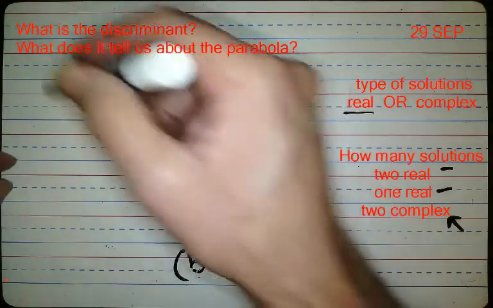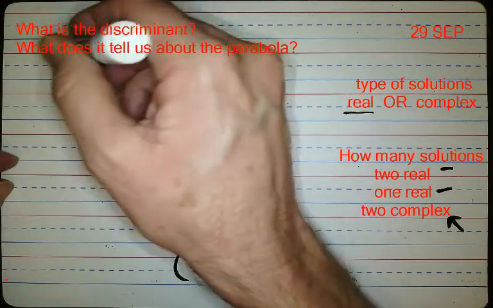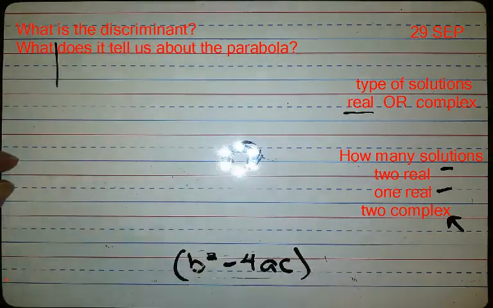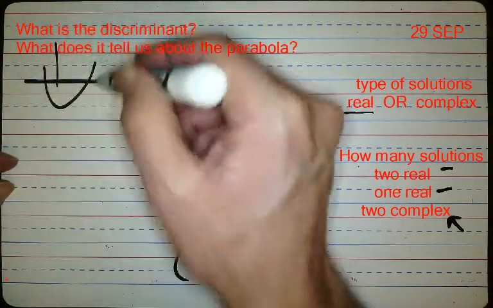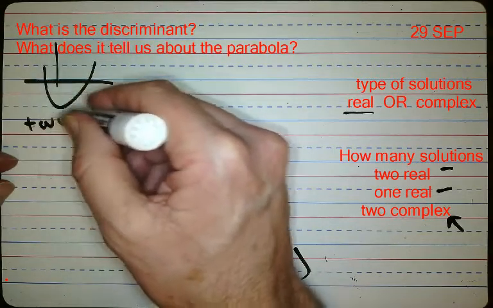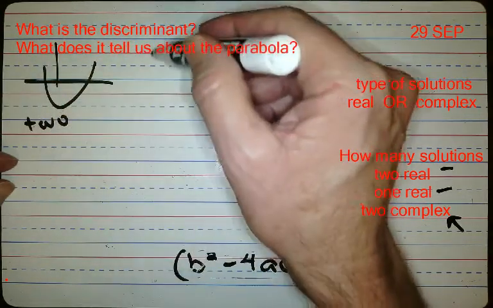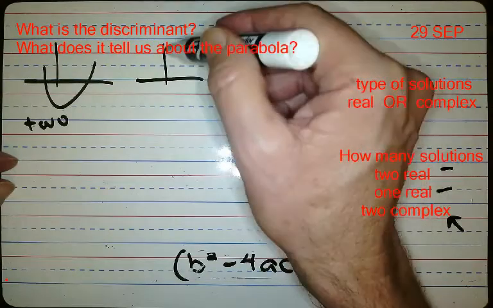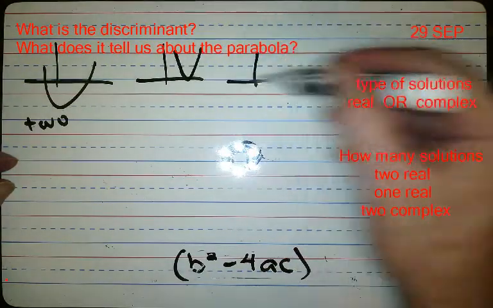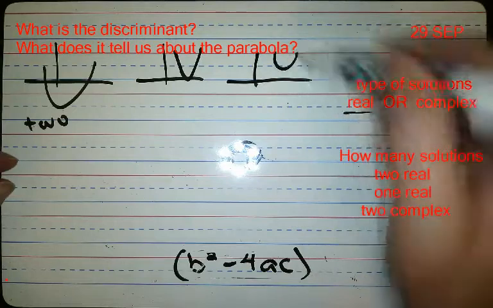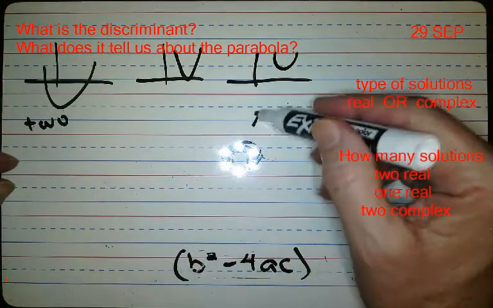So remember, we said that the parabola could have 2 x-intercepts. It could have 1 x-intercept, or it might not have any x-intercepts.